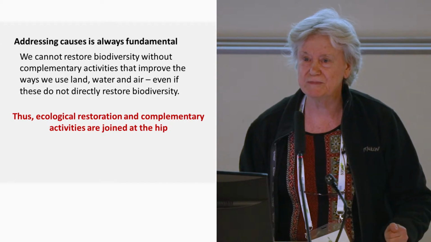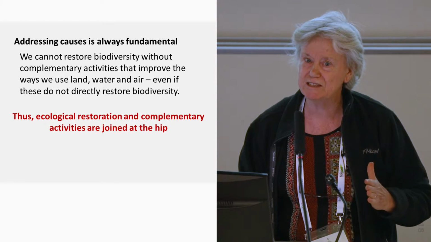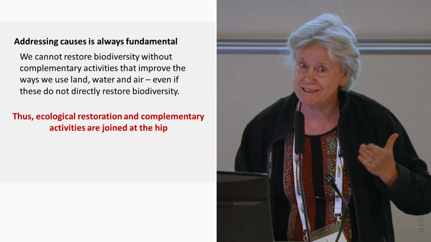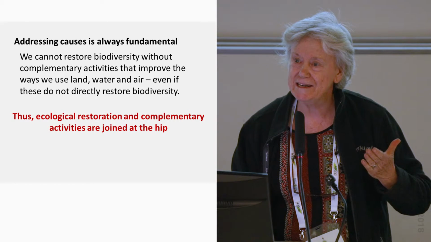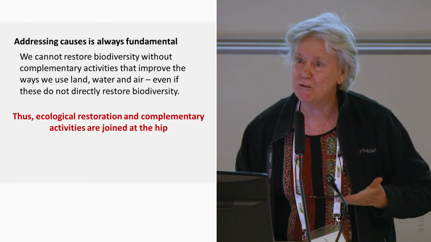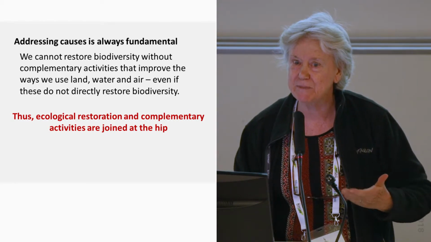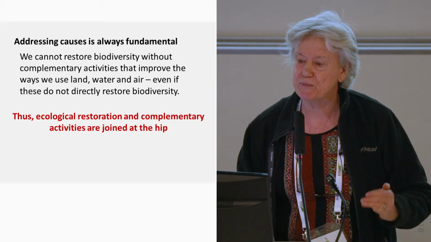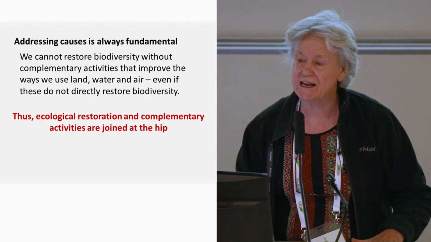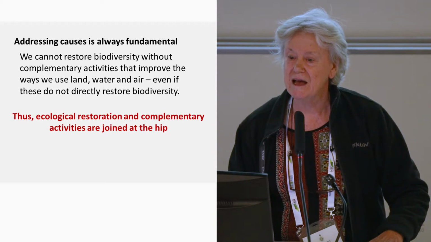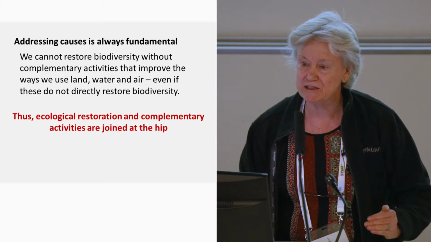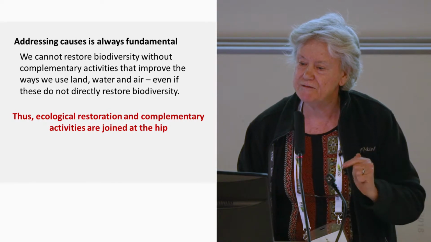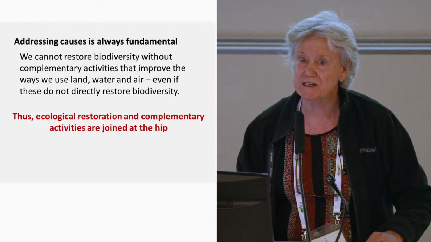Addressing causes. So ecological restoration is, and the standards reiterate this, we need to address the causes before we can assume that we can have any potential for success. Complementary activities that improve the ways we use land, water and air are highly relevant to ecological restoration, even if they don't directly restore biodiversity.